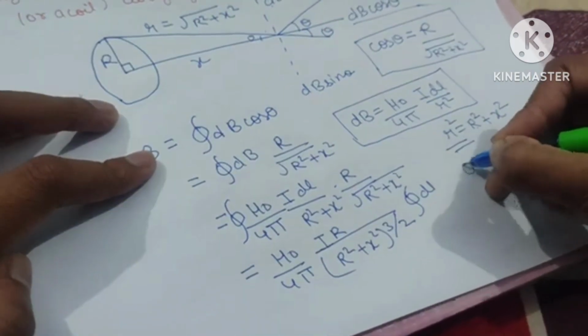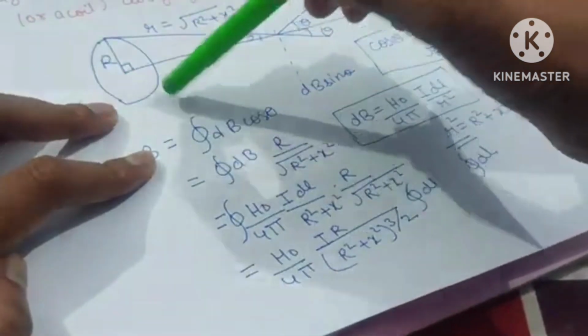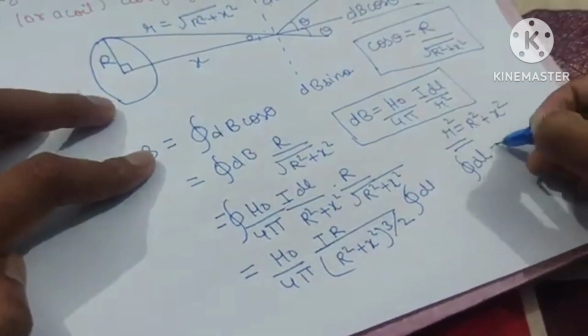Here dl is the distance. So what is the distance of this circular loop? The distance of the circular loop is 2 pi R, so here we write 2 pi R.